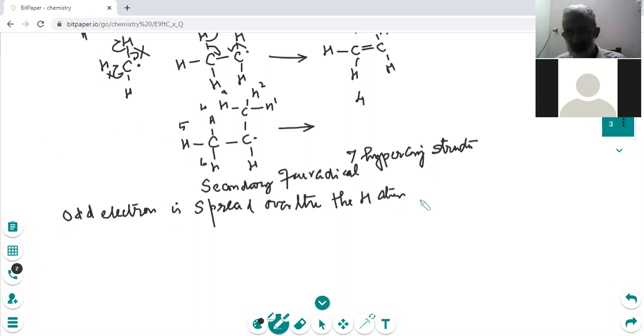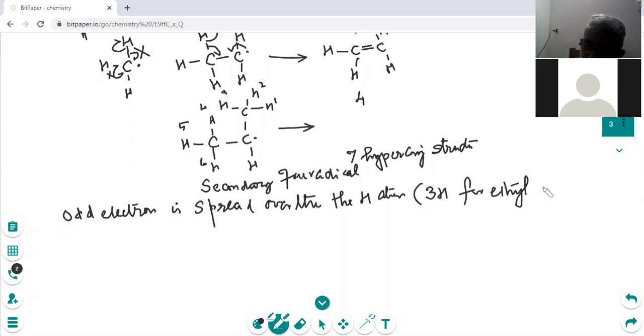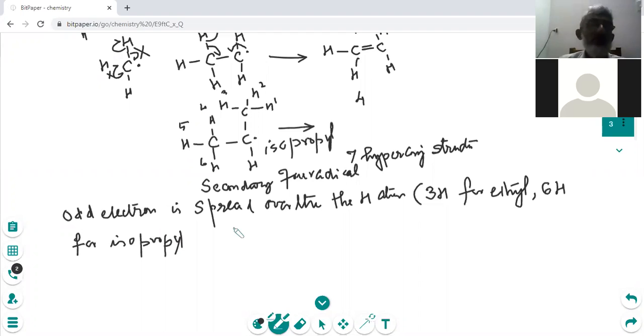Okay. 3H for ethyl, sorry, for ethyl type, 6H for isopropyl. This is what is isopropyl. See here. This is isopropyl. Okay, 6H for isopropyl.